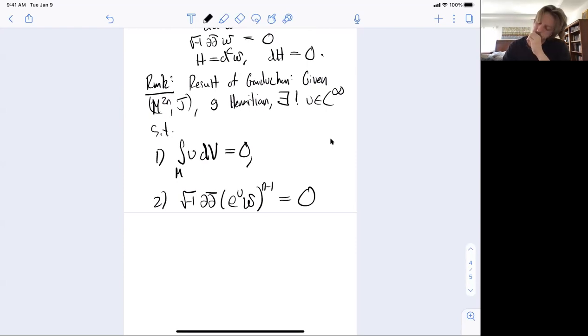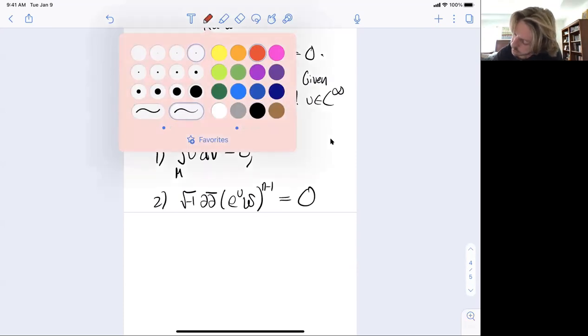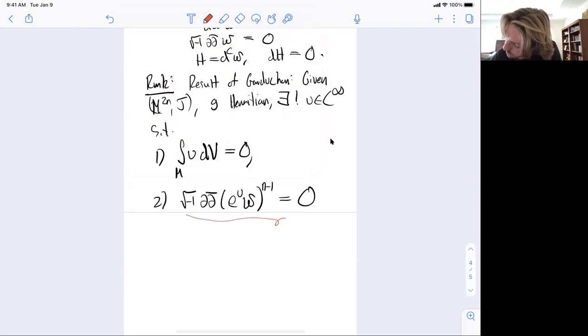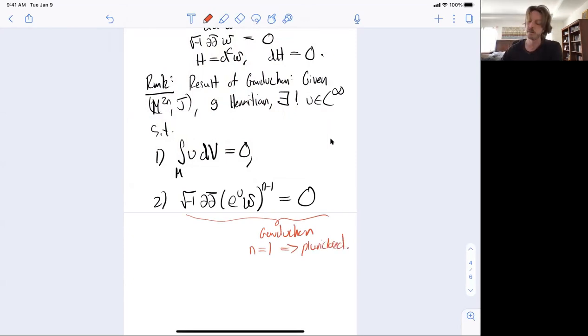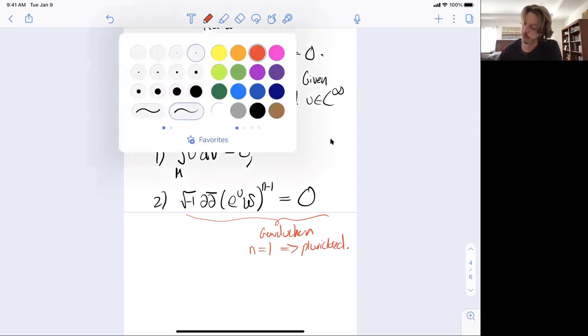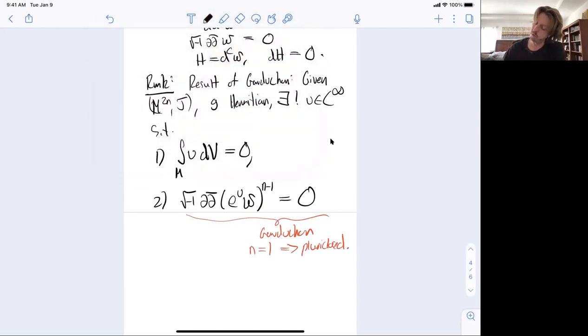So what this is saying is, this condition is now usually called Gauduchon.